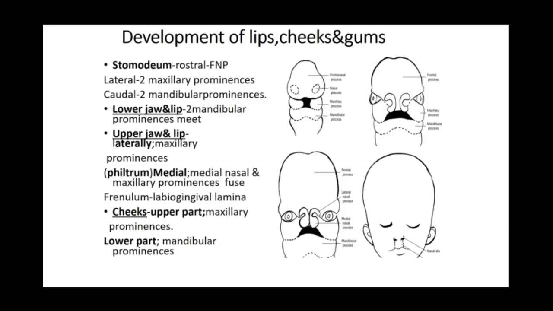And the frenum, that is the small portion with which the lip is attached to the jaw inside, is also contributed by these medial nasal processes. Cheeks, the upper part is by the maxillary prominence. You can automatically fit together where these processes or primordia are and what part they can give rise to. And the lower part is the mandibular prominence.